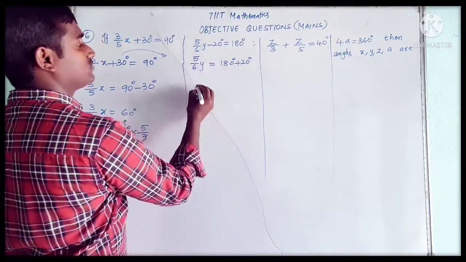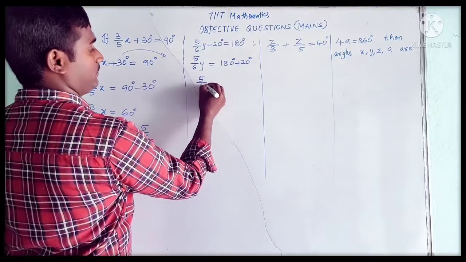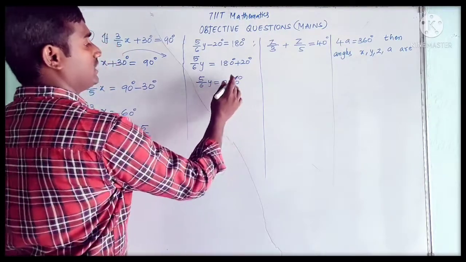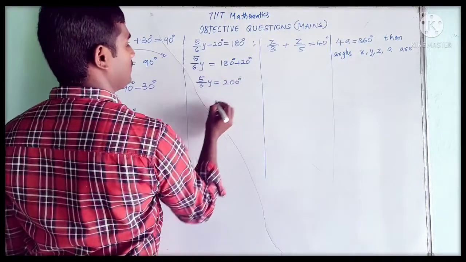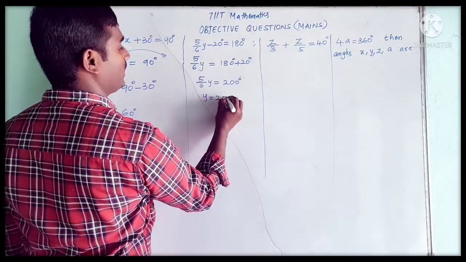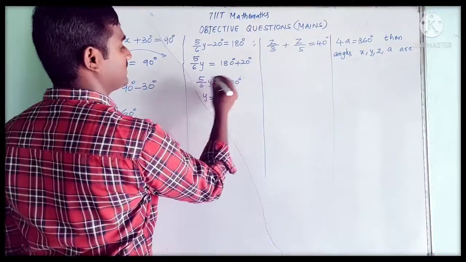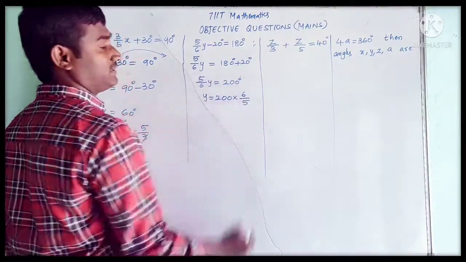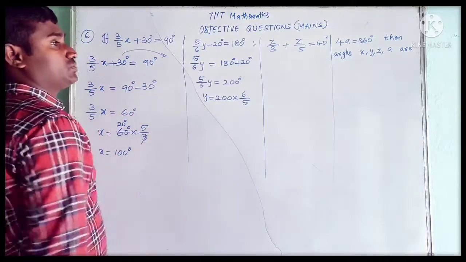Next, 5/6 y − 20 degrees, transposed to the right side, becomes 180 degrees plus 20 degrees. So 180 plus 20 is 200 degrees. 5/6 y equals 200 degrees, and y equals 200 into 6/5, the reciprocal when transposing to the right side.